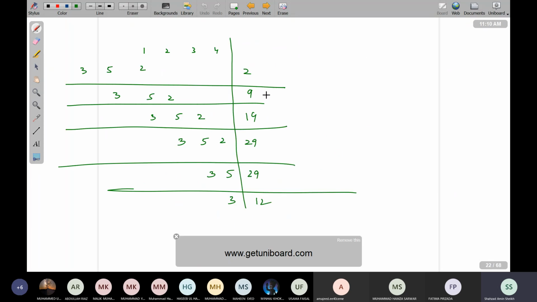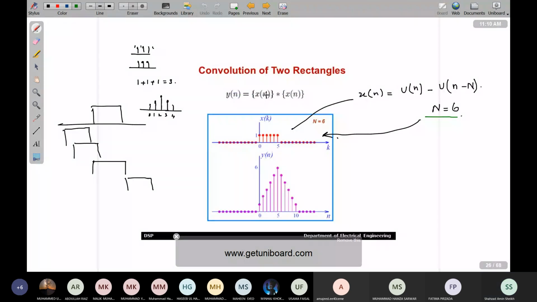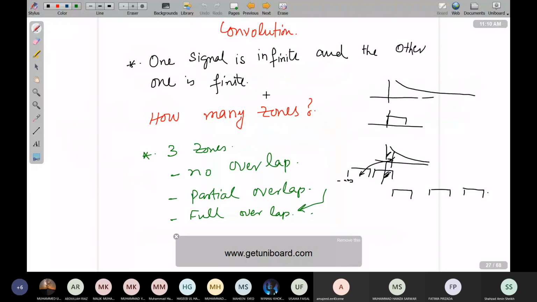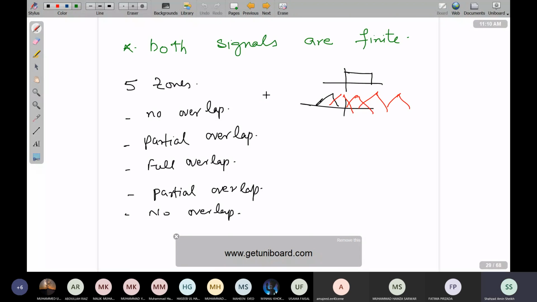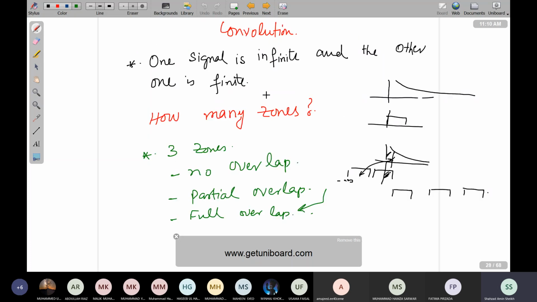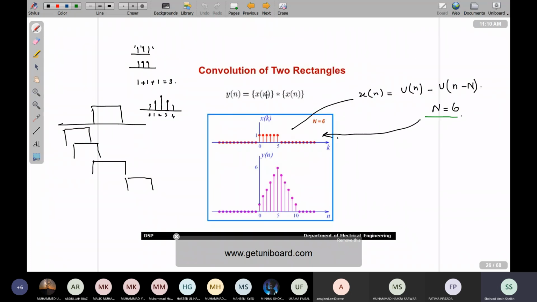There were 3 zones. Similarly, when both the signals are finite, we have 5 zones: no overlap, partial overlap, full overlap, then again partial overlap, and no overlap. Where have we seen it? We have seen it here in this example. There are 5 zones.